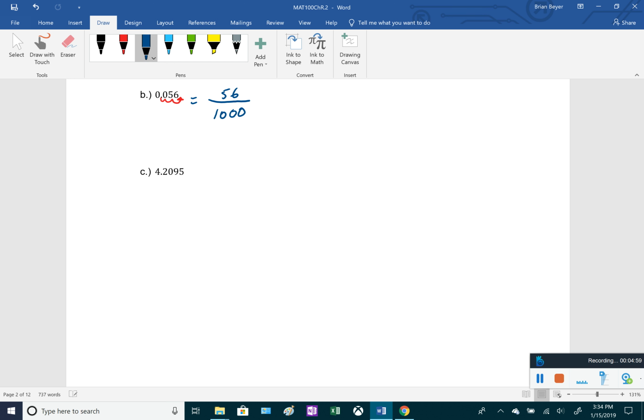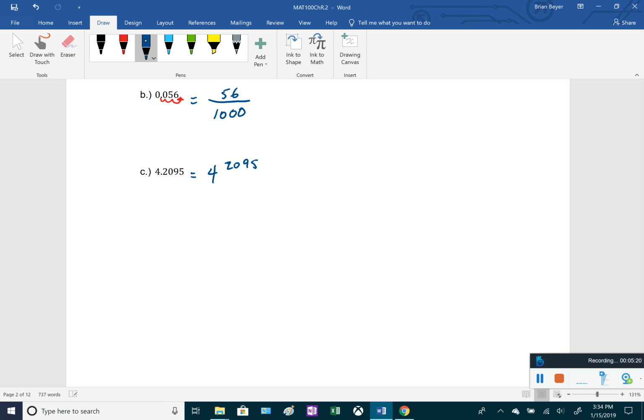For this one, we kind of have two options. I'm going to write this as a mixed number first. So it's going to be 4 and a fraction. We write the right-hand portion as a numerator.